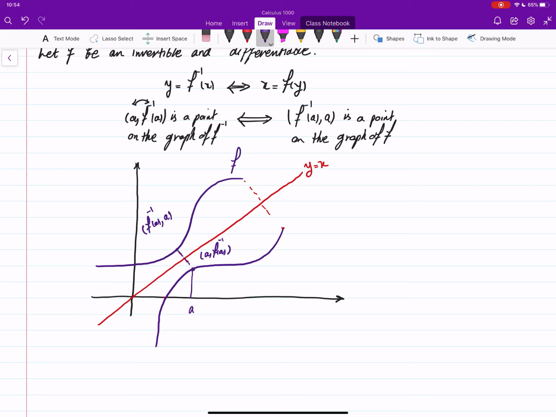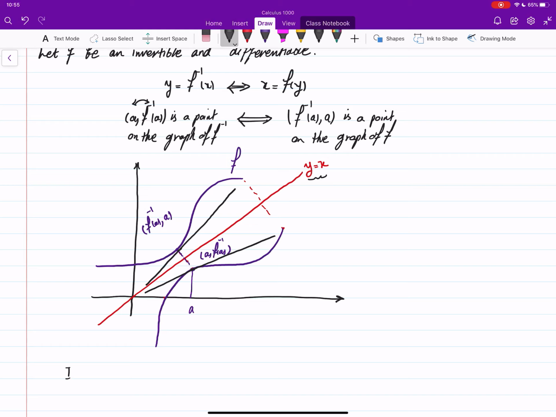What is important here is that since we are going to deal with the derivative, the tangent line is going to play an important role. But the tangent line to the graph of f inverse is also, because everything is a reflection with respect to the line y equal to x, going to be a reflection. The tangent line itself is going to also be the reflection of the tangent line with respect to the line y equal to x.